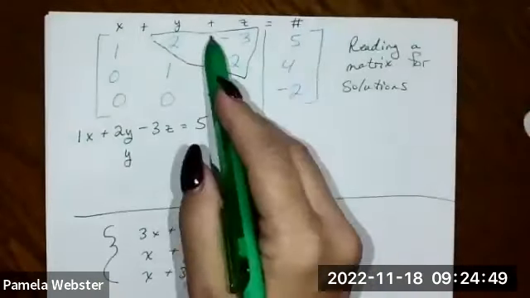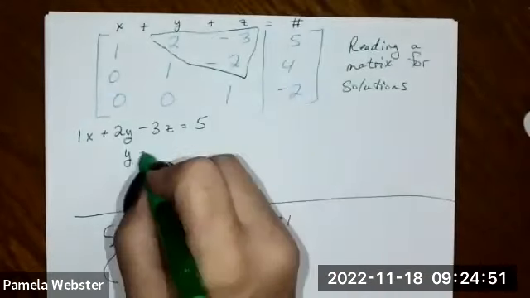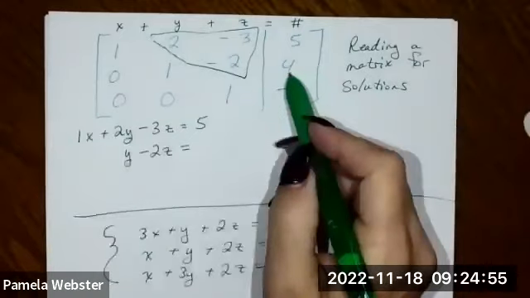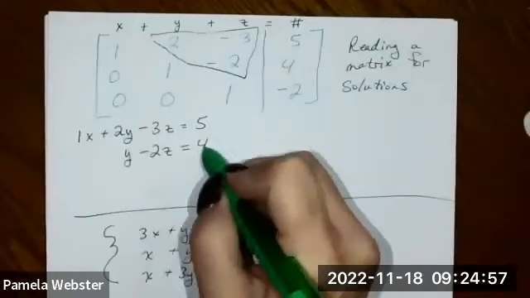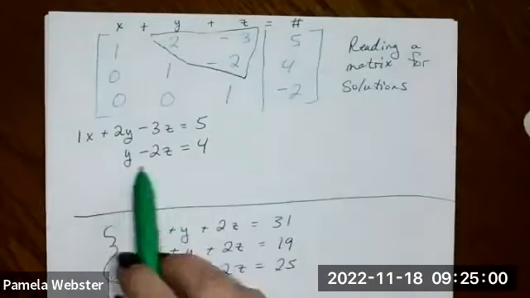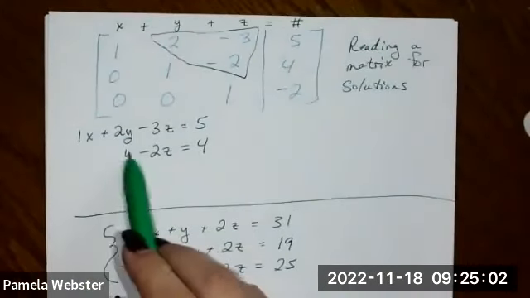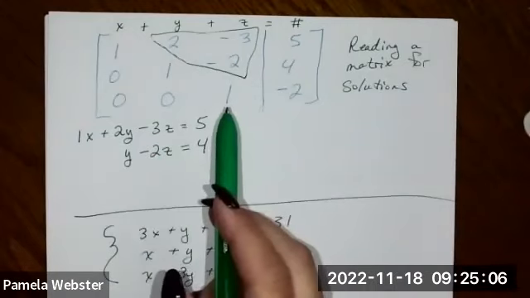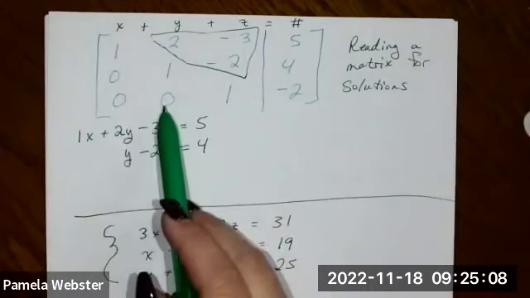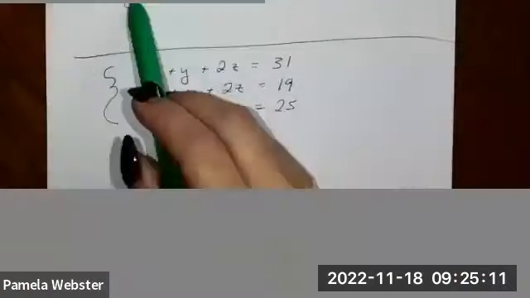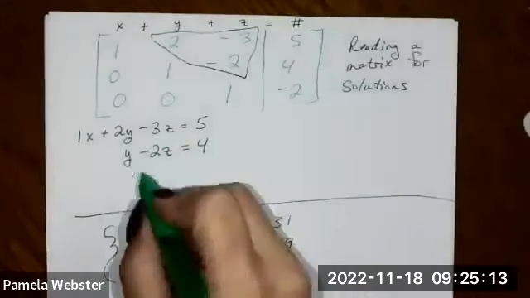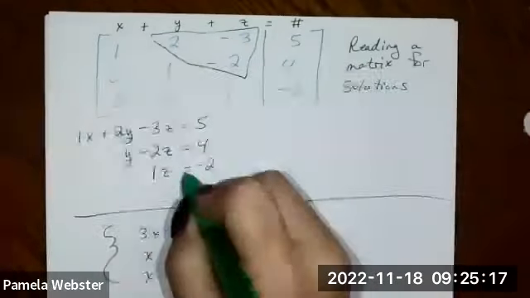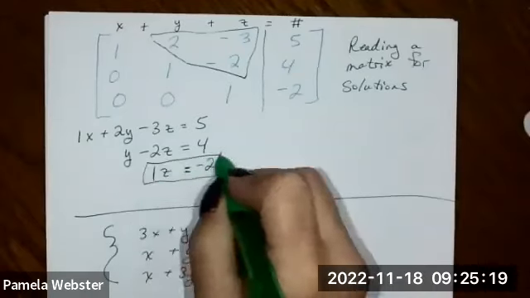And then again, it's a plus a minus 2, so I'm just going to say minus 2z equals 4, right? So notice that this second equation, because we have a 0 out in front, we only have 2 variables to work with, right? And the third equation is even better because there's 0x, 0y, so I don't have to worry about either of those positions. This is just 1z, or z, equal to -2, okay?